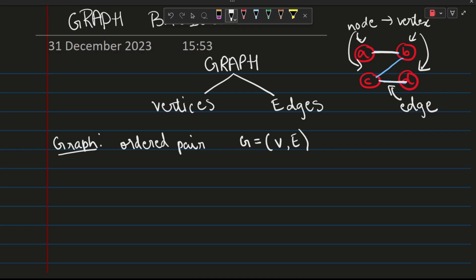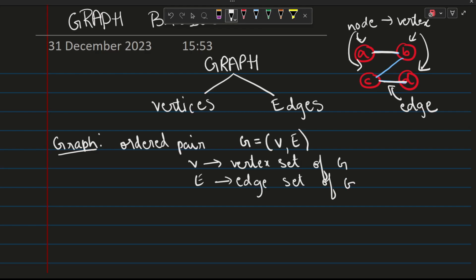It's an ordered pair, which means that we cannot interchange this V and E. Where V is the vertex set of G and E is the edge set of G.